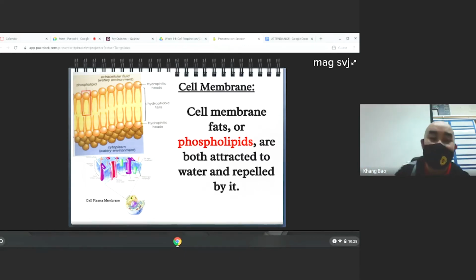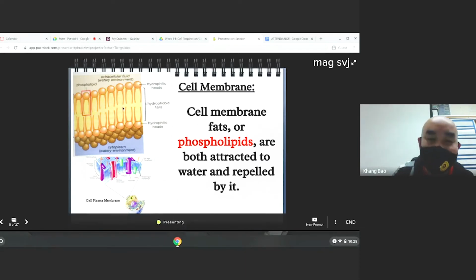And that's because they have this characteristic where the tails do not like water. So it always combines, all right? And they always have two layers because with one layer, the tail will be exposed to water. So when you have two layers, they protect each other. And that's the characteristic that gives us the cell membrane, right? Or plasma membrane.